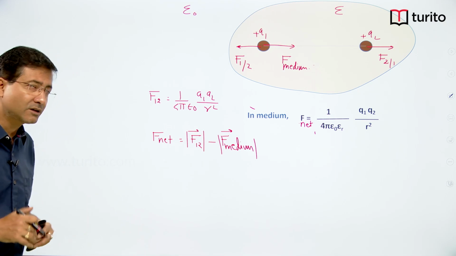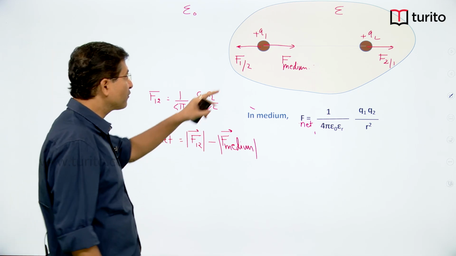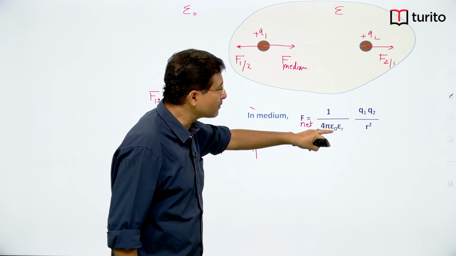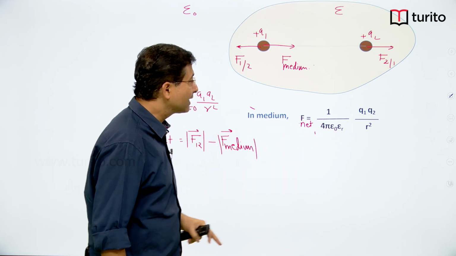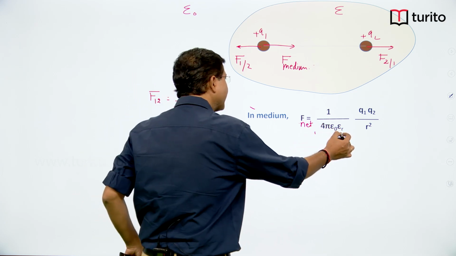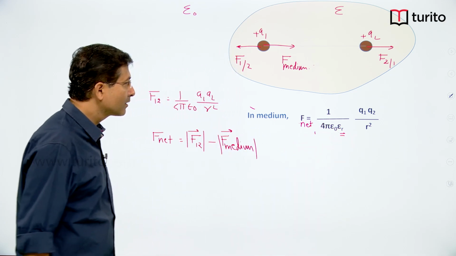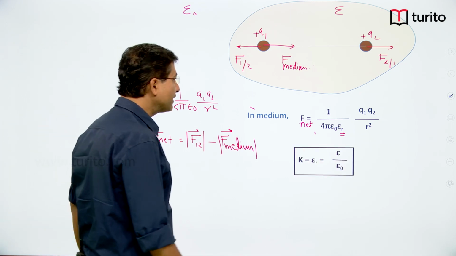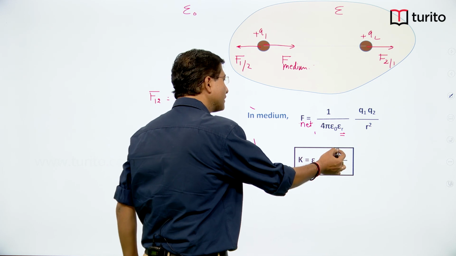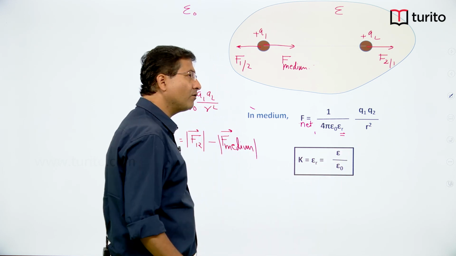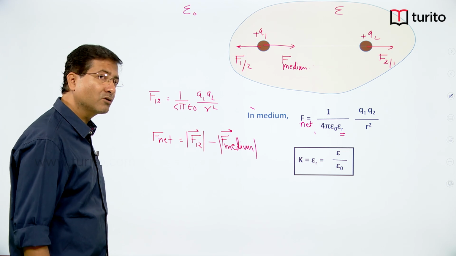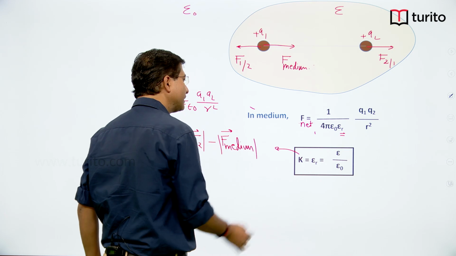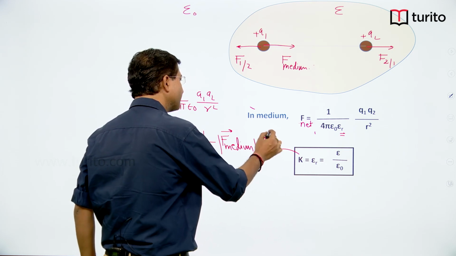So the medium also starts exerting force, and the net force the particle experiences now is given by 1 upon 4 pi epsilon naught epsilon R. This is called relative permittivity, ER is relative permittivity. How do we write relative permittivity? Relative permittivity is the permittivity of the medium divided by the permittivity of free space. It is also called the dielectric constant.